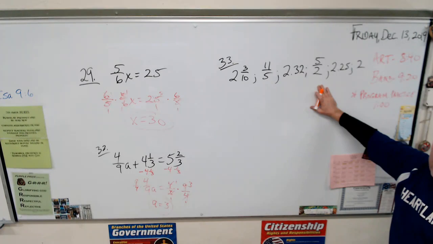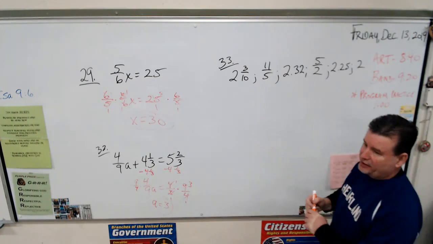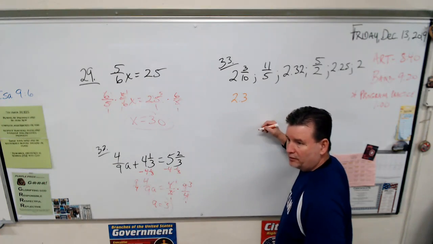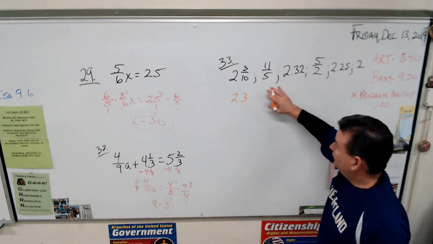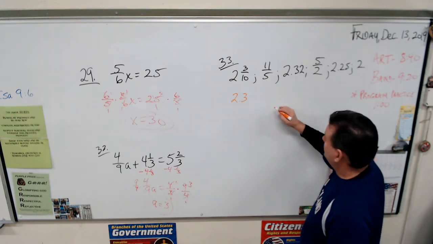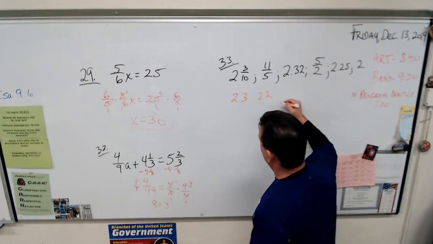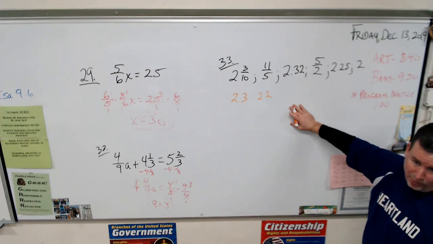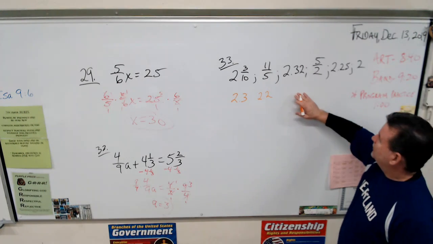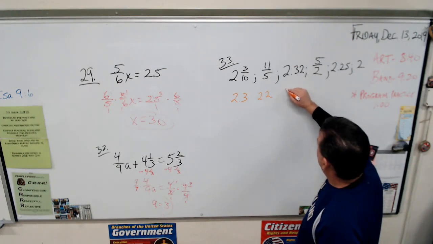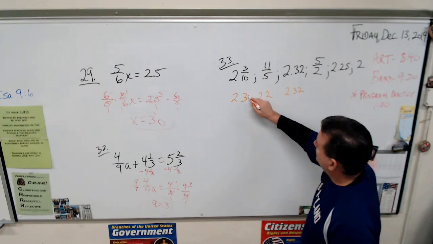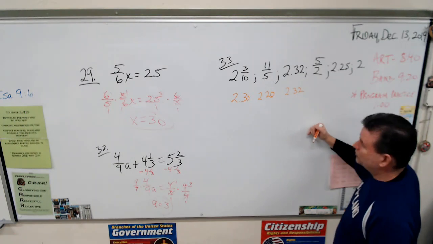Fractions? No? Decimals. Because I see I could turn this easily into 2.3. I could turn this, which is 2 1/5, into 2.2, because surely by now I've memorized my fifths. 0.2, 0.4, 0.6, 0.8, right, Jaden? This is 2.32, so watch what I do here. Since this goes to the hundredths place, I'll put zeros behind these so they're in the hundredths place.